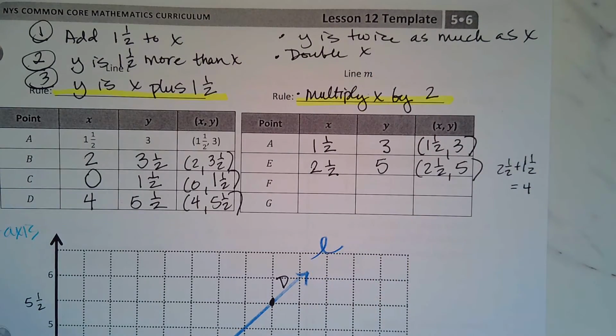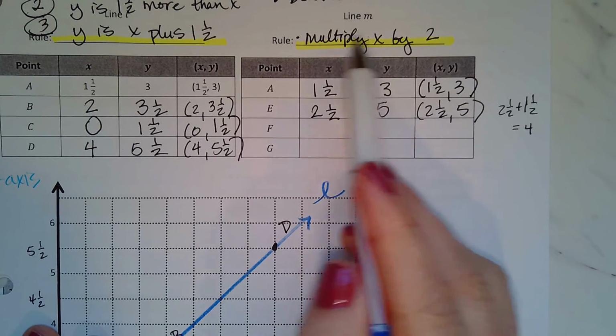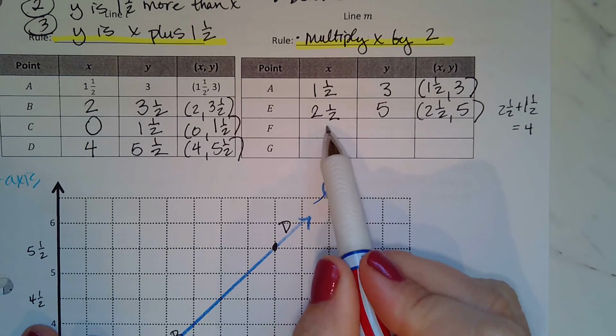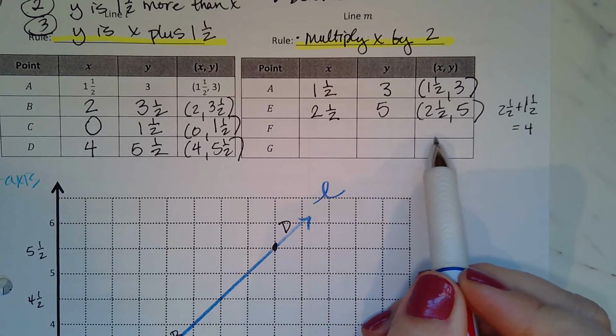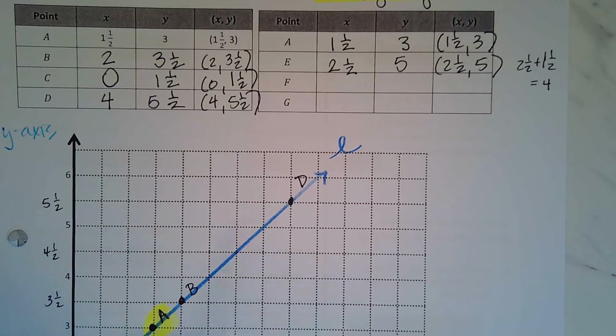You could say multiply x by 2. So I want you to go ahead and, using your rule, figure out what points F and G are. Find the coordinate pairs, plot the points, and connect the lines. Go ahead and try that and come back.